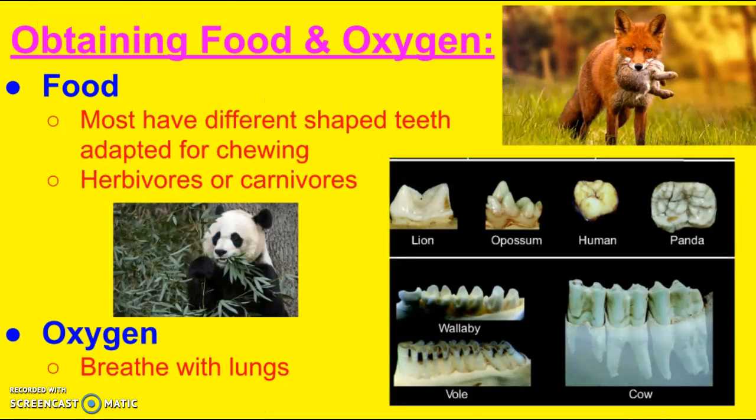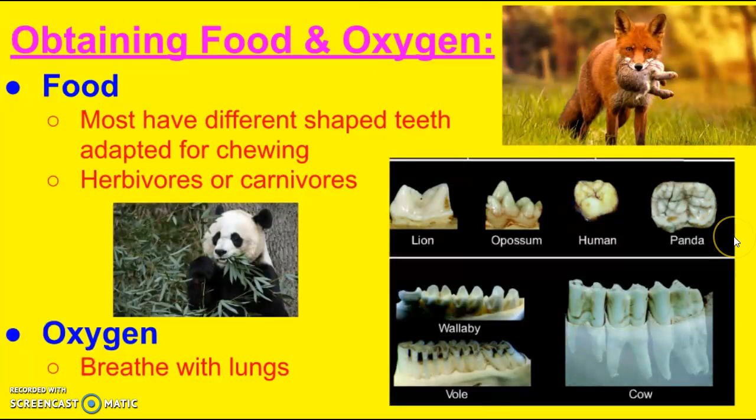So when it comes to obtaining food and oxygen, because we know all animals have to do that, most animals have different shaped teeth that are adapted for chewing. So depending on what type of food the animal eats, their teeth will be adapted for eating that type of food. So, for example, we have a panda who's eating its bamboo, and here we have the panda tooth.